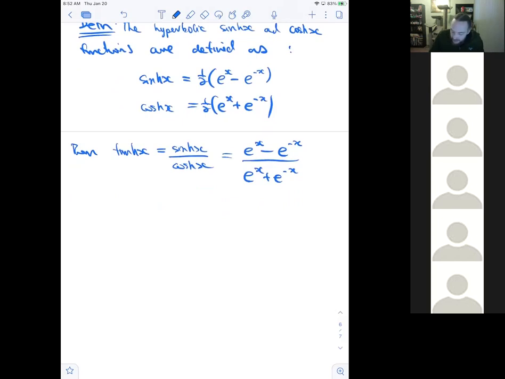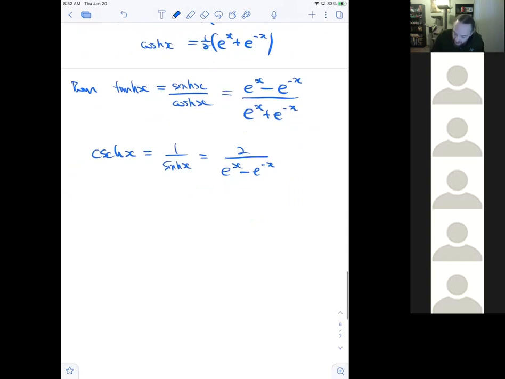The other ones are going to be cosecant hyperbolic x is going to be equal to 1 over sine, which is 2 over e to the x minus e to the negative x. Secant hyperbolic x is going to be 1 over cos hyperbolic x. This is the reciprocals as usual that we see. This will be 2 over e to the x plus e to the negative x.